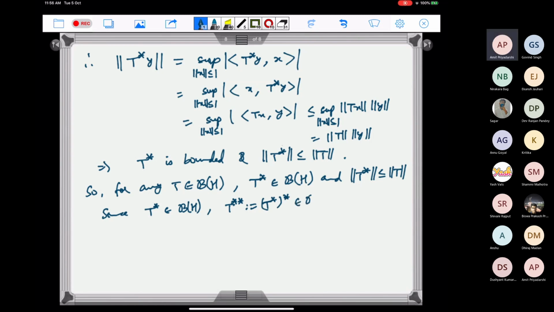This is also in B of H, and the norm of T star star will be less than or equal to the norm of T star by the above. But what is T star star? T star star is the same as T.